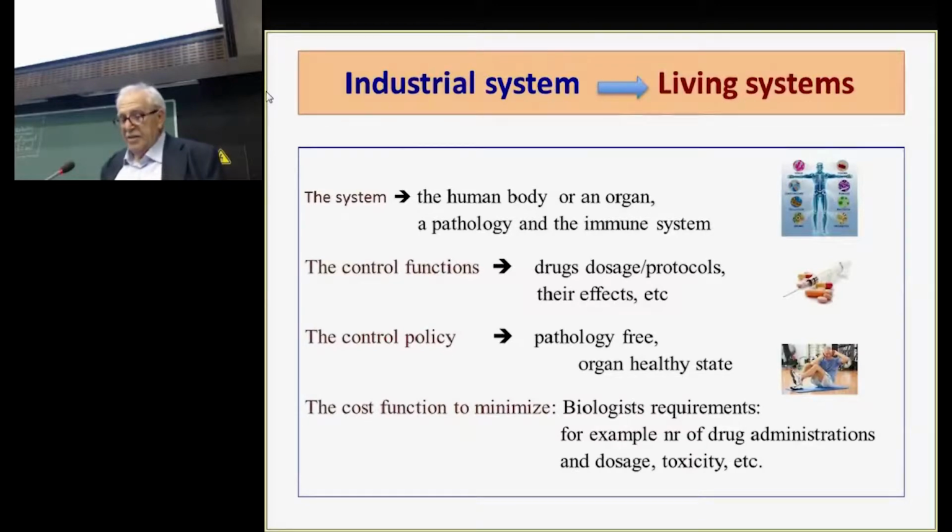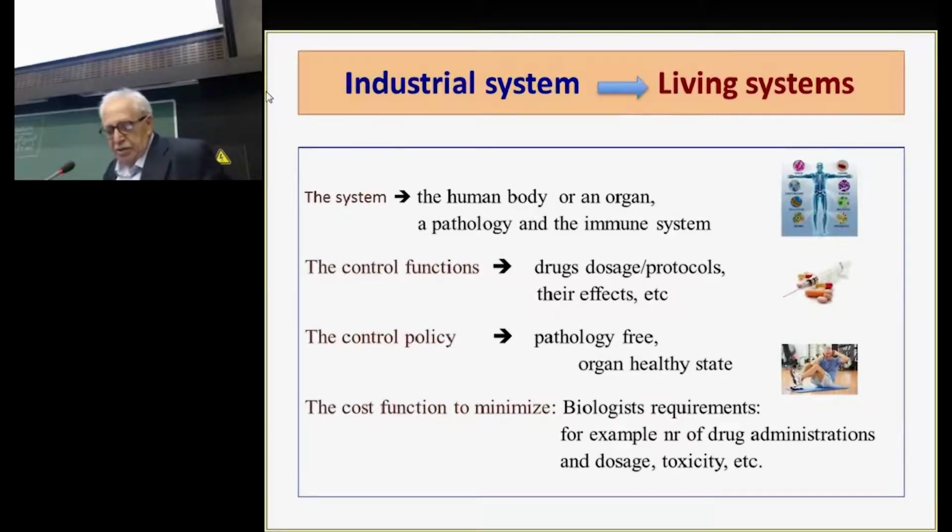The drugs, the protocols, the effect of the different drugs. The control policy? With living people, to have a pathology-free organ health state. Or do we not really want to have a pathology-free state, and let this guy die, which would be unfair.